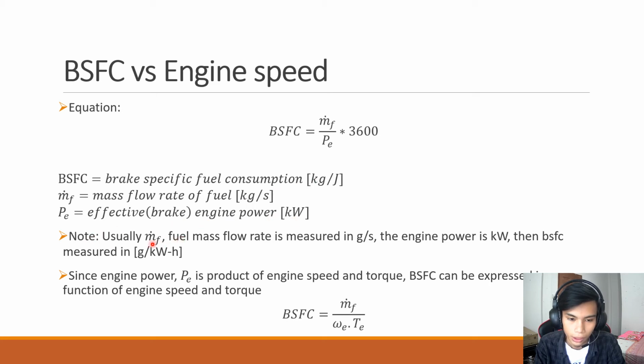Usually m dot f or fuel mass flow rate is measured in gram per second. The engine power is in kilowatt, then we will get the final unit of BSFC in gram per kilowatt hour.